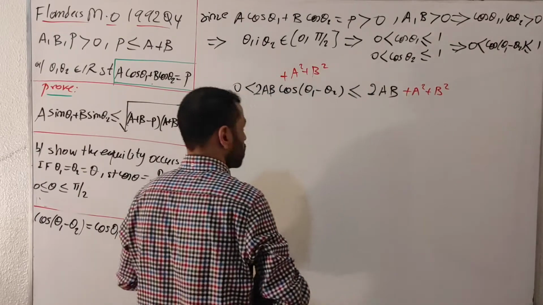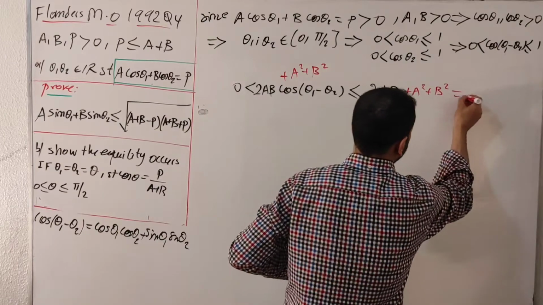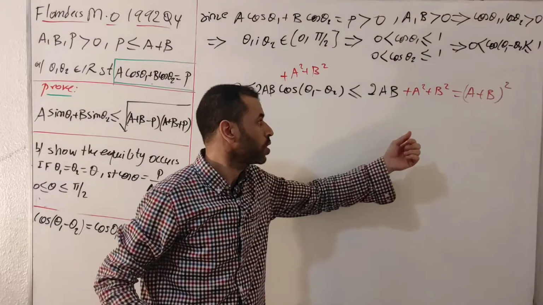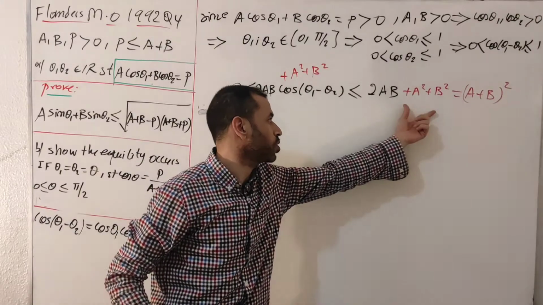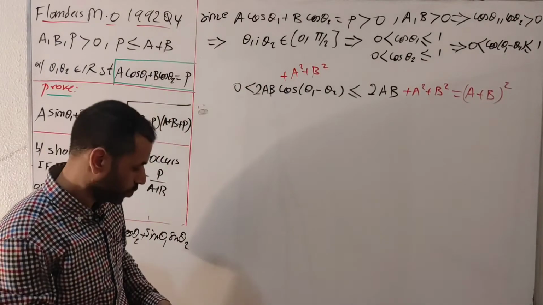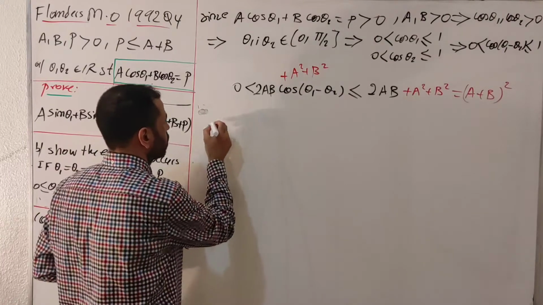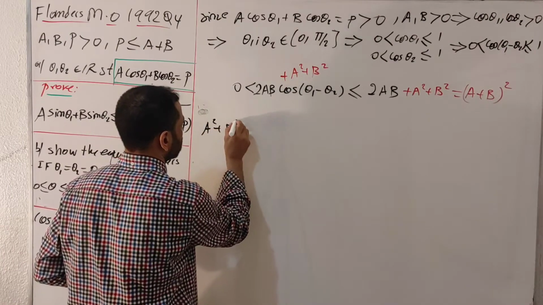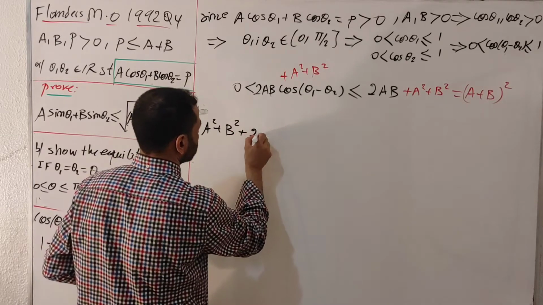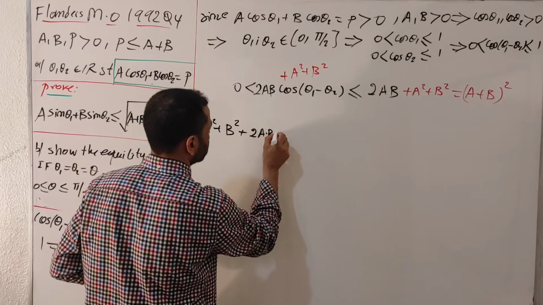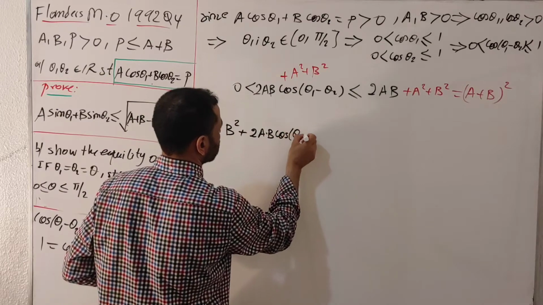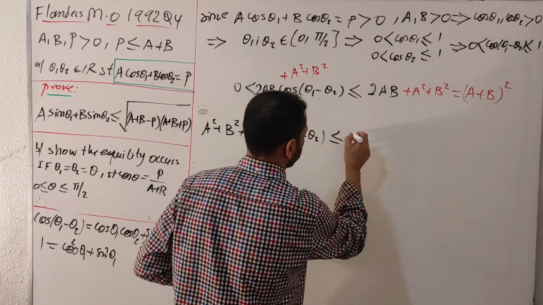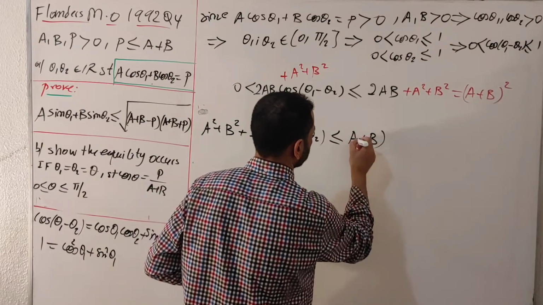This gives us (a plus b) squared, which is a very straightforward quadratic identity. Now we have the following expression: a square plus b square plus 2 times a multiplied by b multiplied by cosine of theta 1 minus theta 2 is less than or equal to (capital A plus capital B) squared.